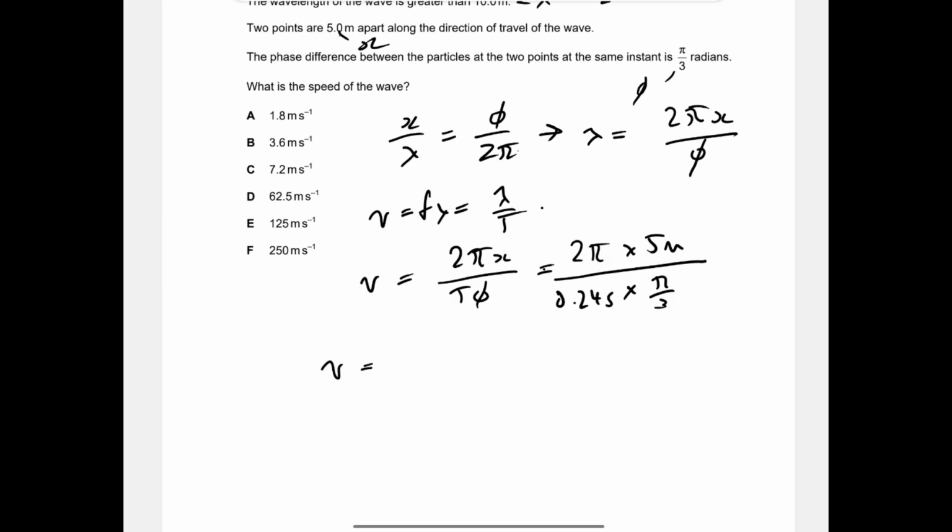So v is going to be 10 over 0.08, this is going to be 10 to the 3 over 8, 0.25 to 10 to the 3, so 125 meters. Oh, what is that? Yeah.